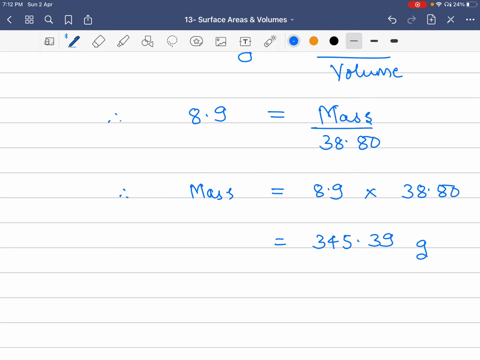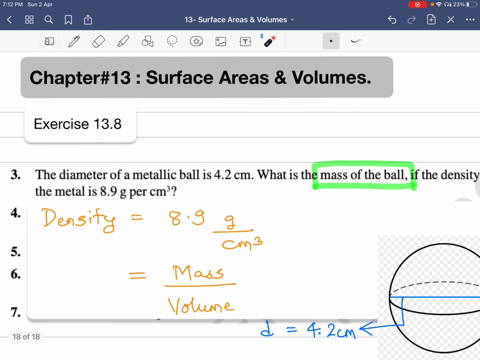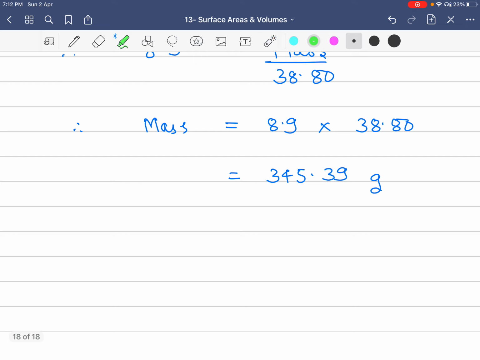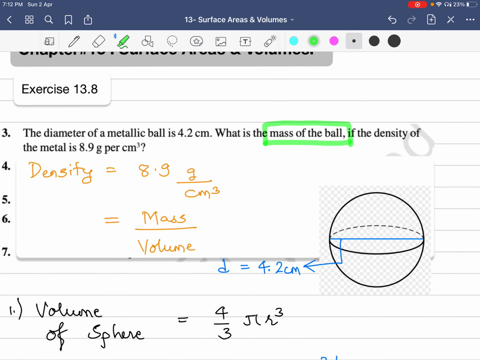It's grams, because the given density was in grams per centimeter cube. So our mass is 345.39 grams. This is the required answer of our question, which was asking for the mass of the metallic sphere.